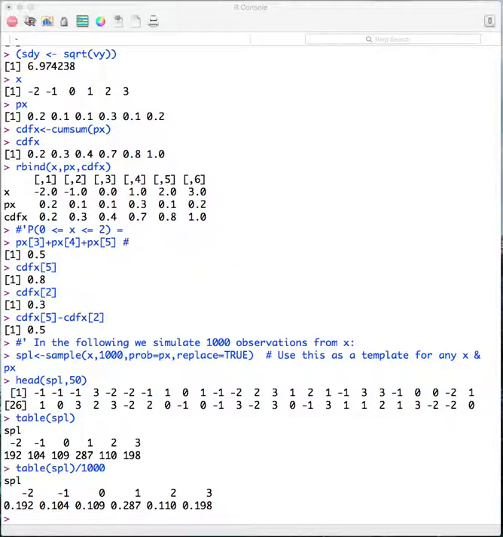And notice -2 occurred around 19.2% of the time. The corresponding probability was 0.2. And then we had 0.104, the probability was 0.1. Notice the relative frequencies, which we're calculating here, get closer and closer to the actual probabilities of the individual values.